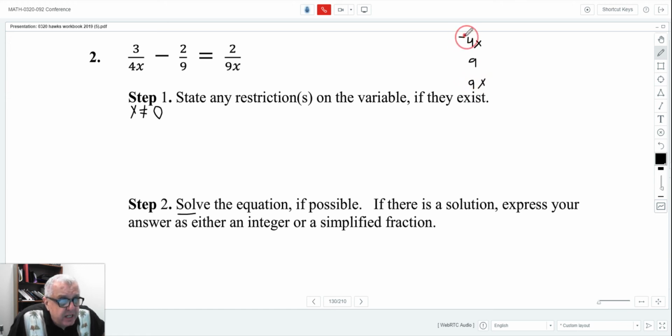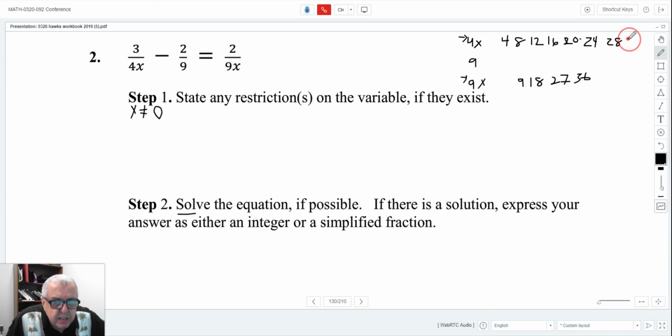The only numbers I have are 4 and 9. 9 times 1 is 9, times 2 is 18, times 3 is 27, times 4 is 36. Do you see 4 times 1, 4 times 2, 3, 4, 5, 6, 7, 8, 9? 36 is the first number that pops up.